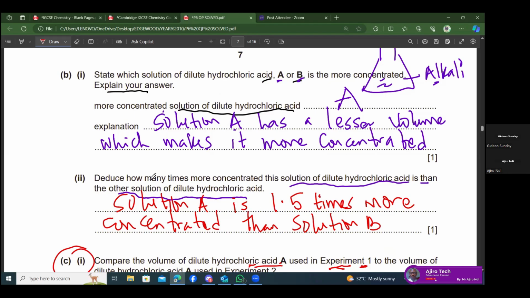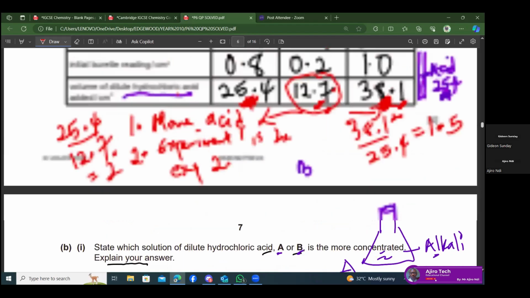The next question asks how many times more concentrated this solution of dilute hydrochloric acid is than the other solution of dilute hydrochloric acid. So using the information we got in B(i), we have to compare how many times solution A is more concentrated than solution B. All you need to do is go back to their volumes and divide.